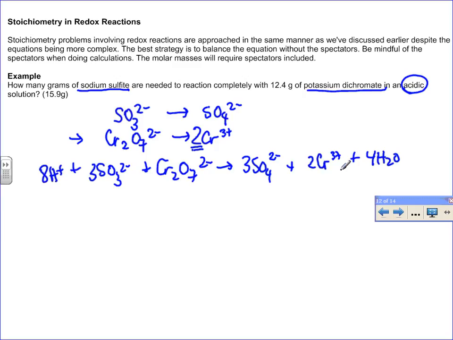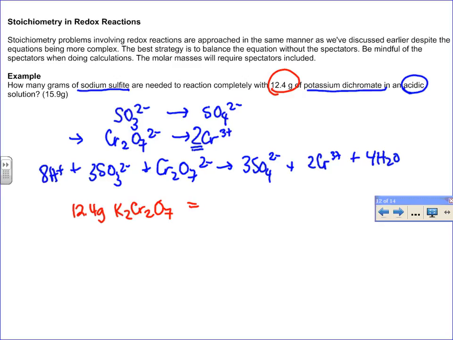So the question is, how many grams of sodium sulfate are needed to react with 12.4 grams of the potassium dichromate. So you're starting with 12.4 grams of potassium dichromate. You need to be careful when you're finding the molar mass to include the spectator, but also be mindful of the charges of potassium and the dichromate.